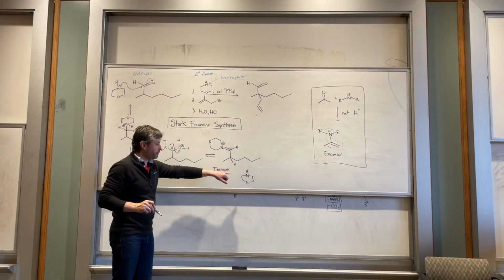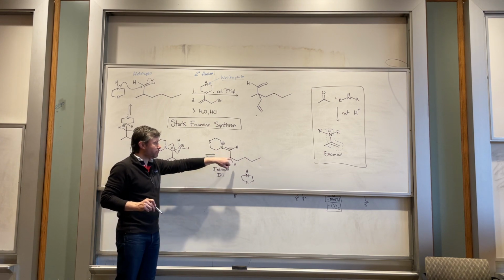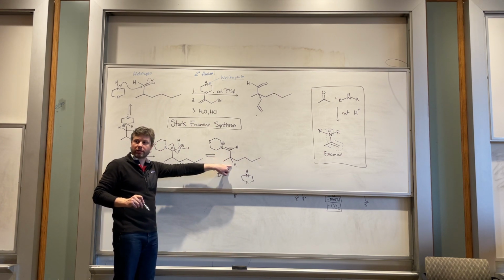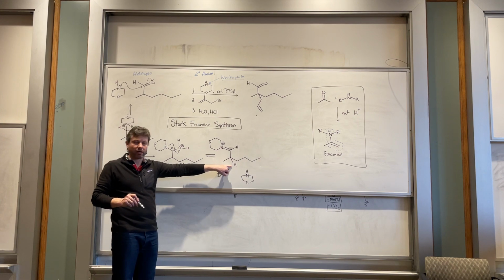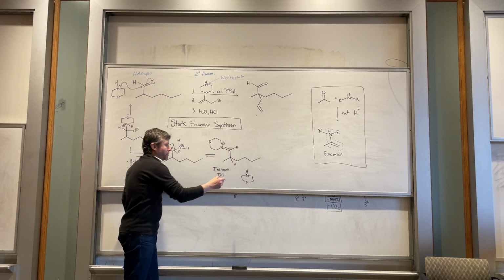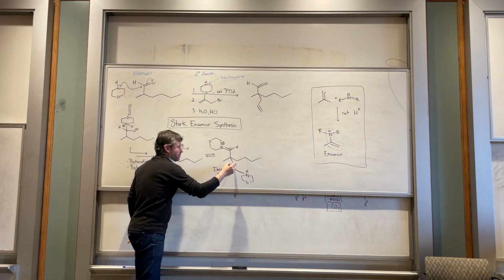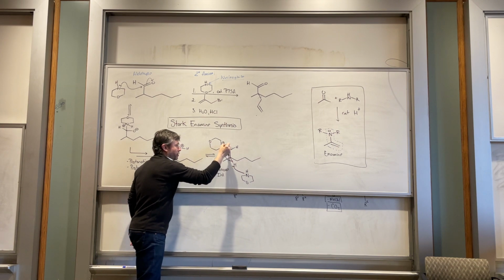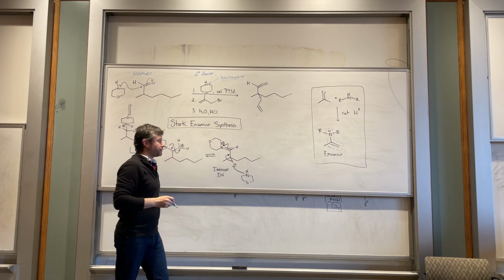Right? And then we form the enamine by pulling the proton on the carbon alpha to the iminium carbon, and pushing those pi electrons up to nitrogen.